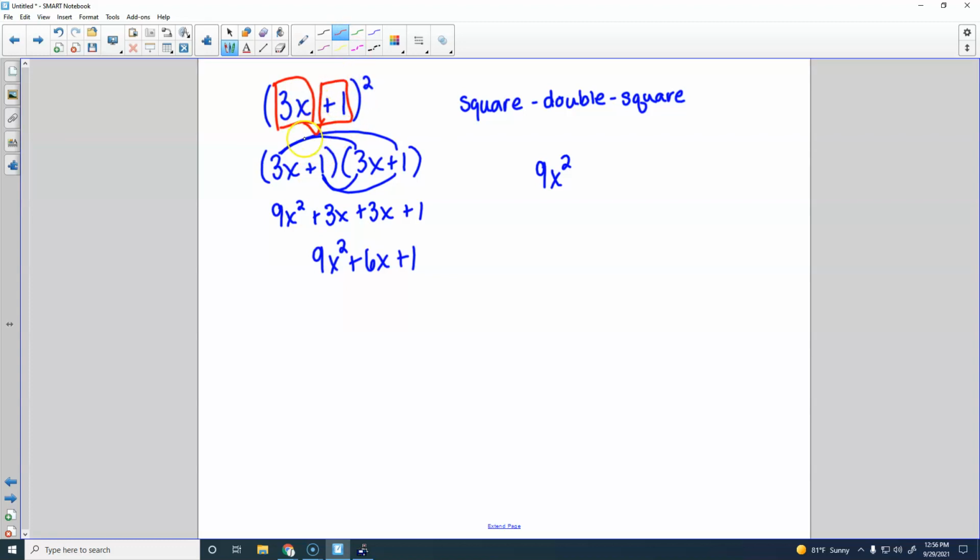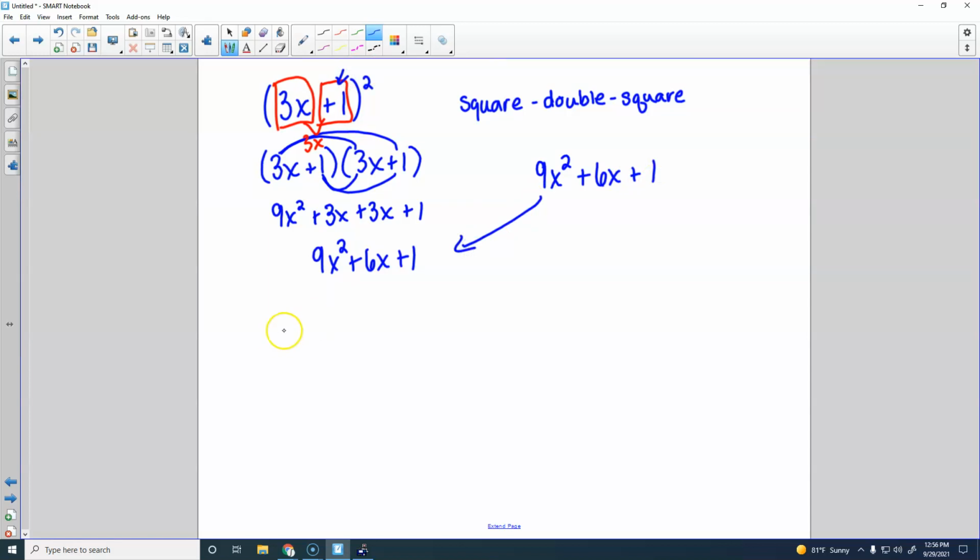That gives me 3x, and I double that, which gives me 6x. Double is just multiplying by 2. And then I square this last one, 1 squared is 1. Notice this is the same thing as what I got when I did it the long way.